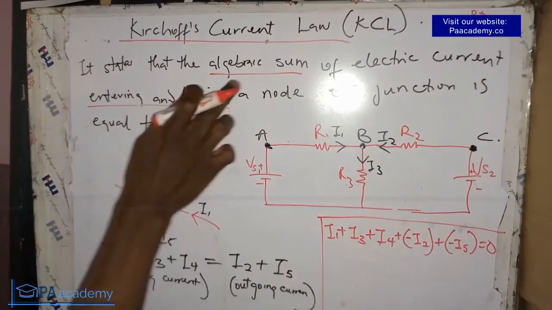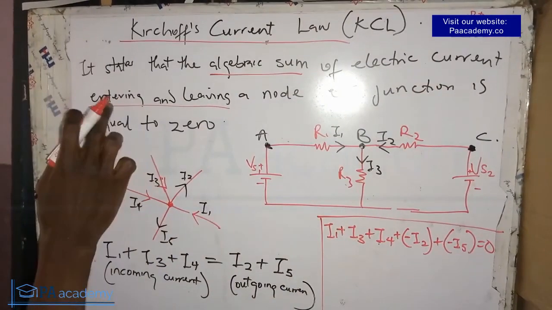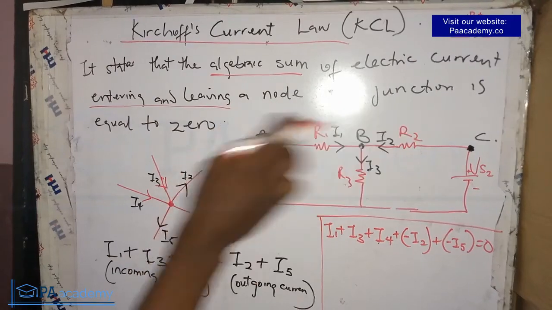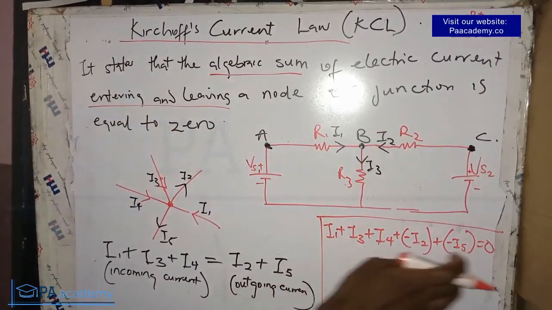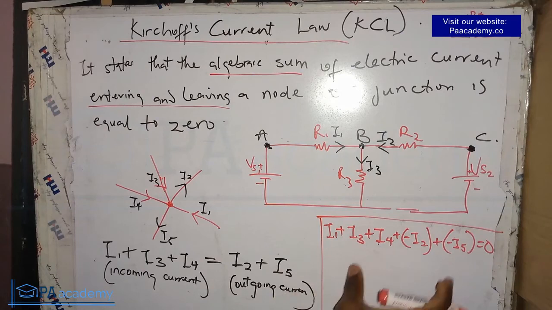This is what it's saying. It states that the algebraic sum of all electric current entering and leaving a node or a junction is equal to 0, and this is what I've just expressed here. So you can either express it like this or this way.